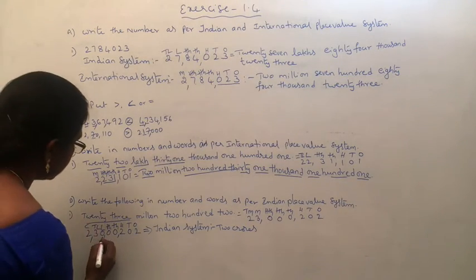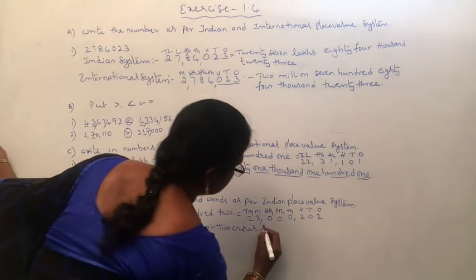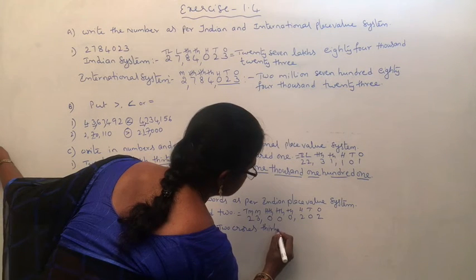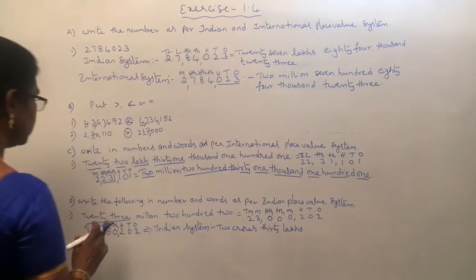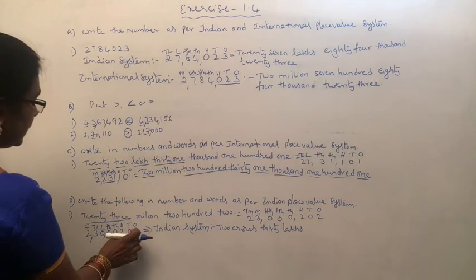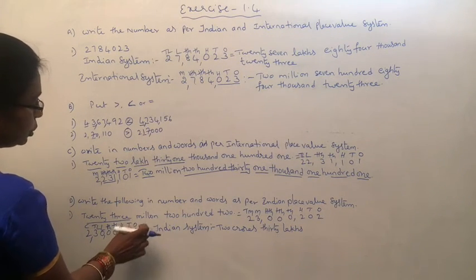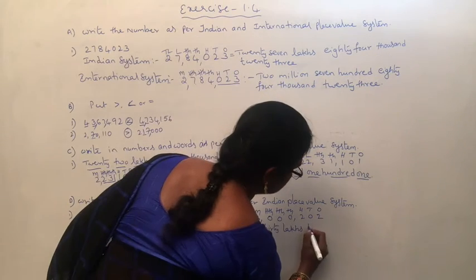How many lakhs? 30. 30 lakhs. In thousands, zeros are there. Then in hundreds, tens, ones, 202 means 202.